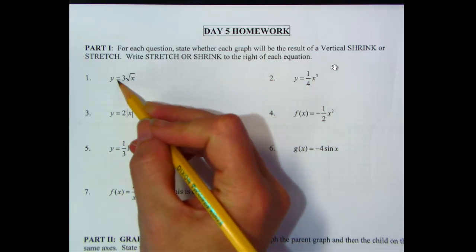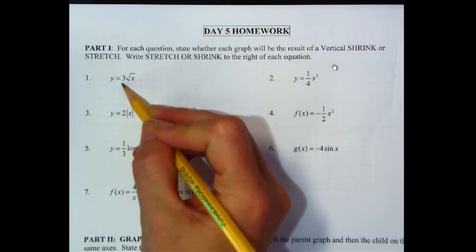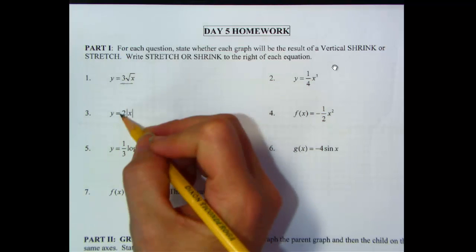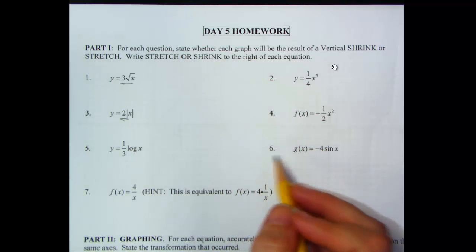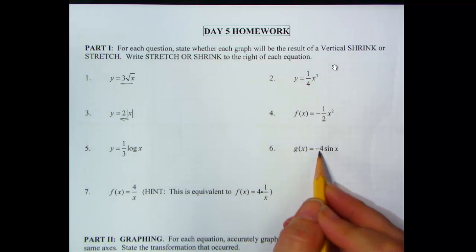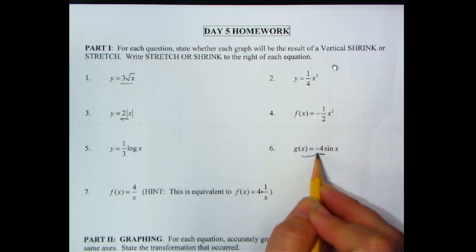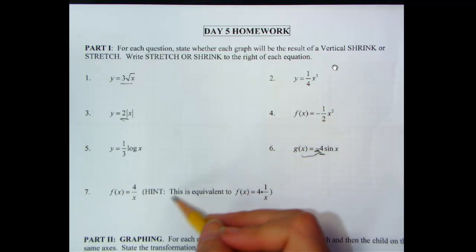When you have a whole number in front of your parent graph, here I have 3 times square root of x, 2 times the absolute value of x, negative 4 times. The 4 is the part we look at for the dilation. We know that the negative is a line reflection, okay?